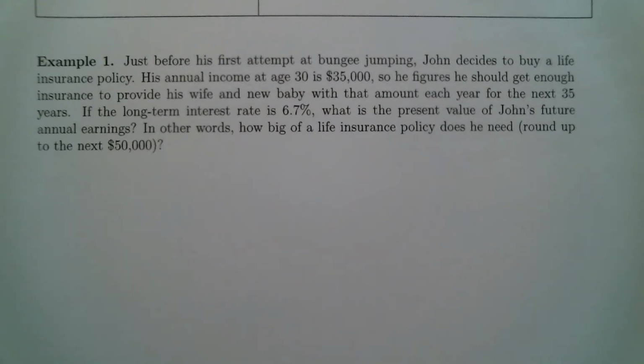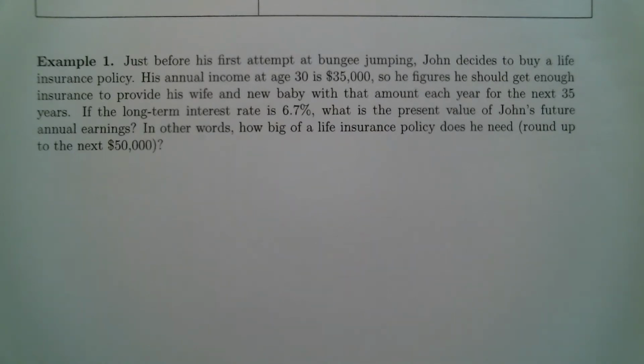So he wants to get enough life insurance so that if something happens to him, his wife and baby are going to receive $35,000 each year for the next 35 years. So this involves an annuity, the regular payments of $35,000 yearly over a 35-year period.